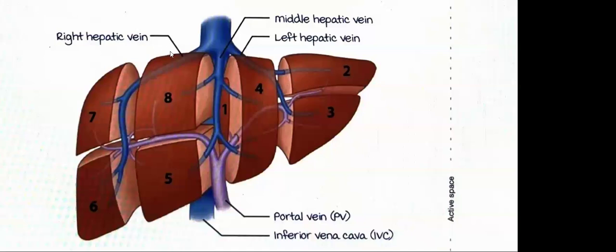So in the diagram, this is the right hepatic vein and this is the middle hepatic vein, then the left hepatic vein, portal vein and inferior vena cava.